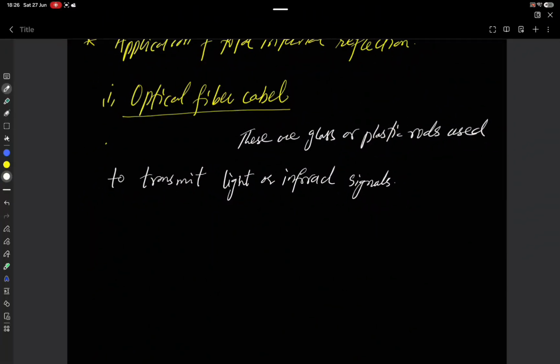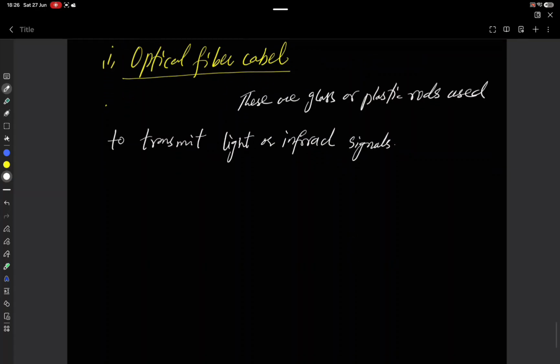So glass rods are used to transmit signal in the form of light or infrared signals.